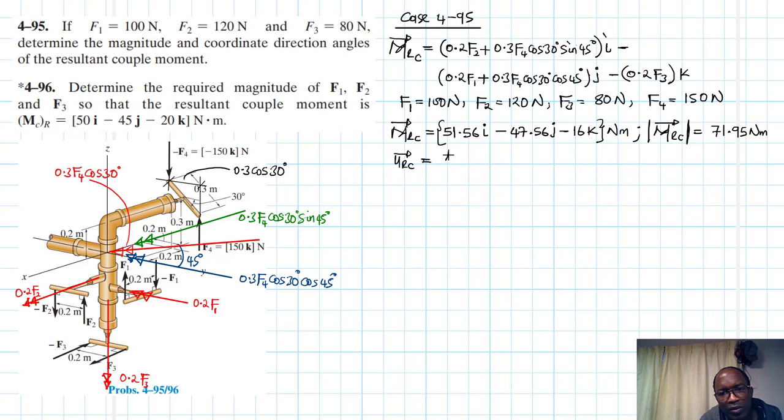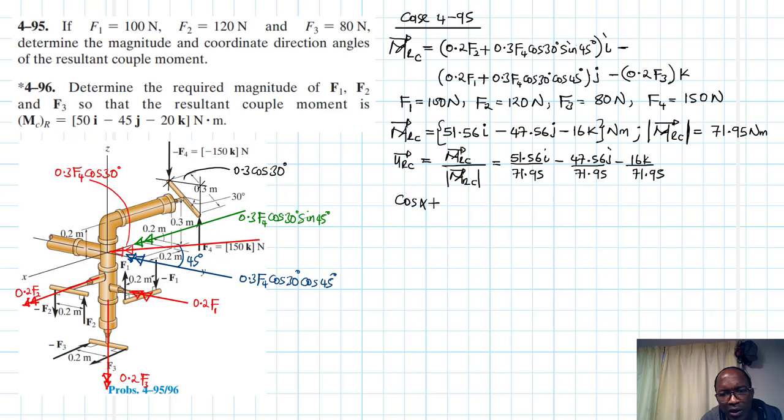The unit vector is equal to MRC divided by the magnitude. This is equal to 51.56 i divided by 71.95, minus 47.56 j divided by 71.95, minus 16 k divided by 71.95.